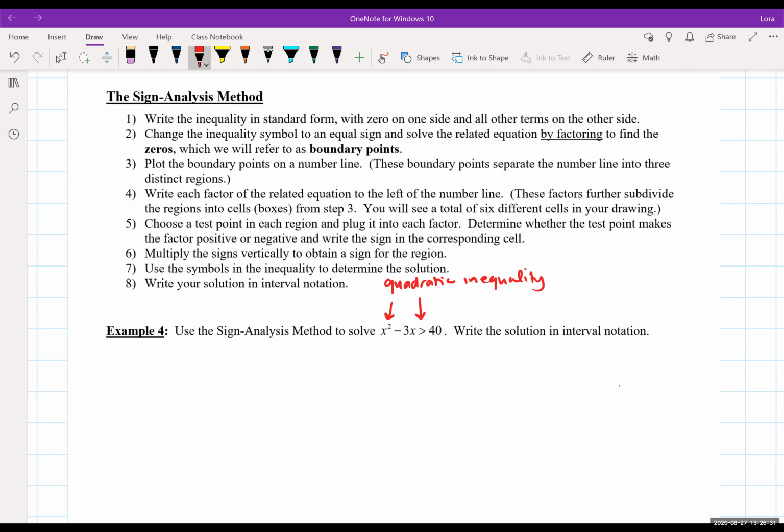What I mean by that is we just move everything to one side. Probably easier to subtract 40 from both sides. So we have x squared minus 3x minus 40 is greater than 0. So see that comparison to 0.